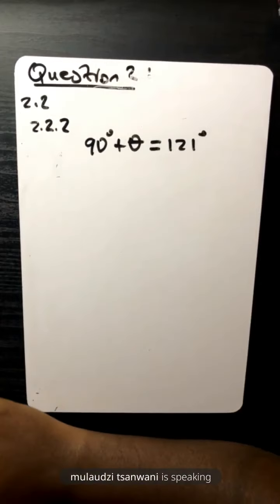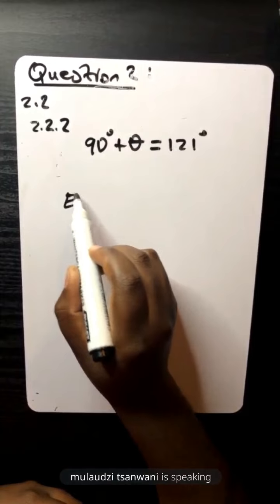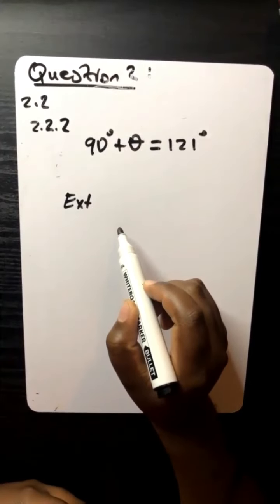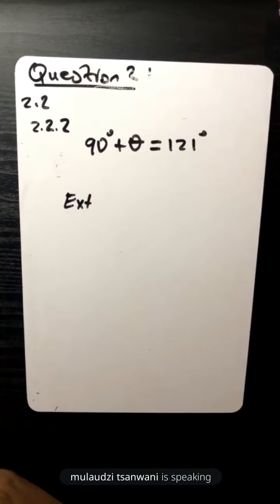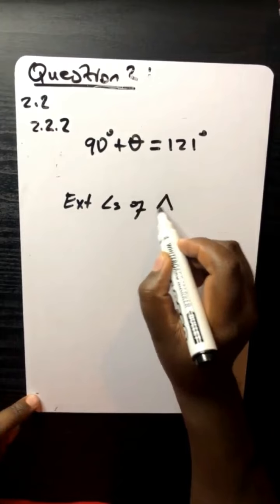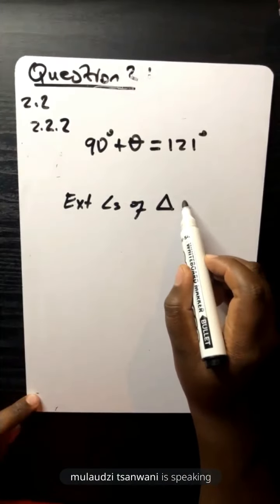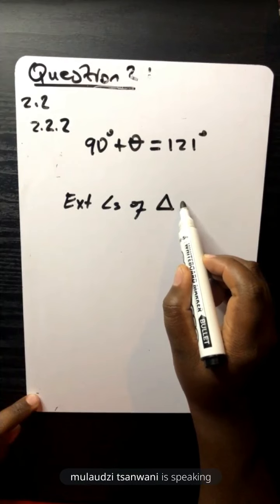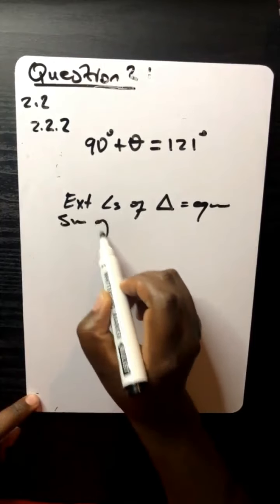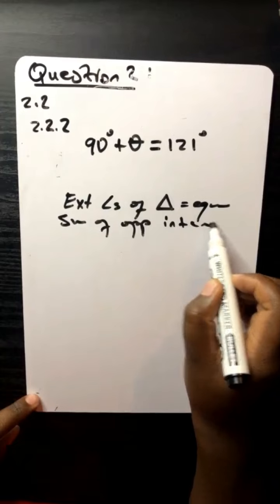Then my reason is: the exterior angle of a triangle is equal to the sum of the opposite interior angles.